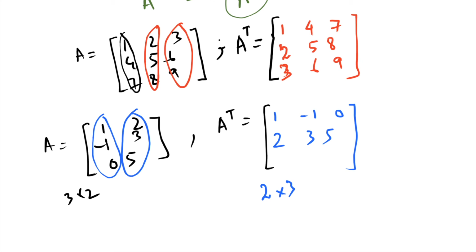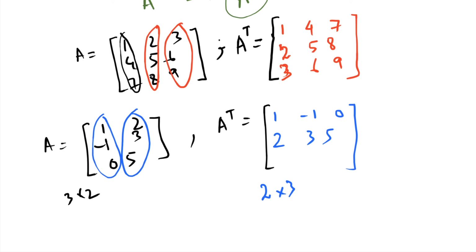Okay. So interestingly, we looked at the first column of A and populated the first row of A transpose with it, and the second row of A transpose with the second column of A, and so on and so forth. But you can also look at the first row of A and convert it into the first column of A transpose.